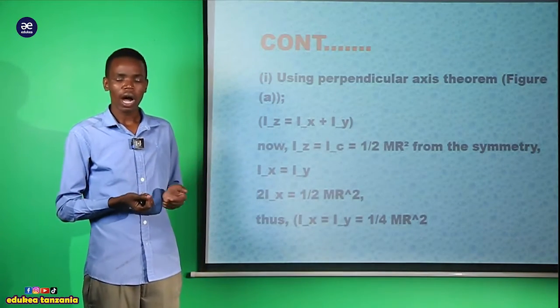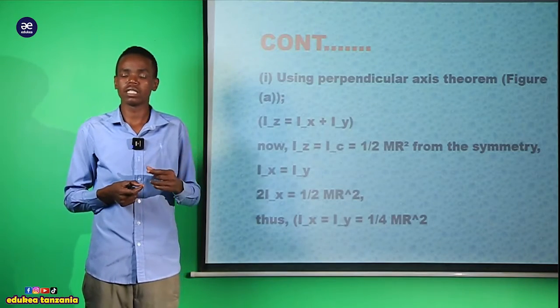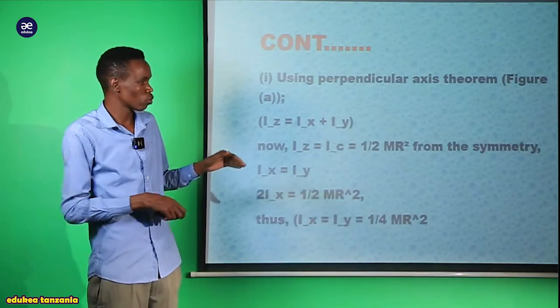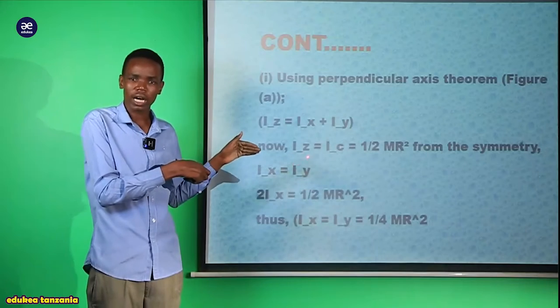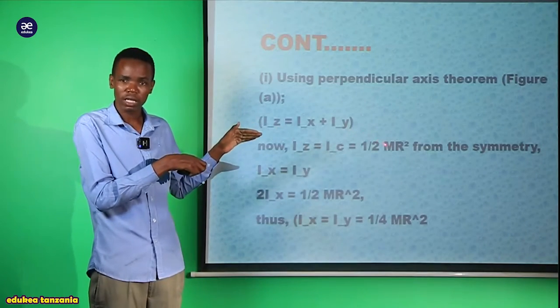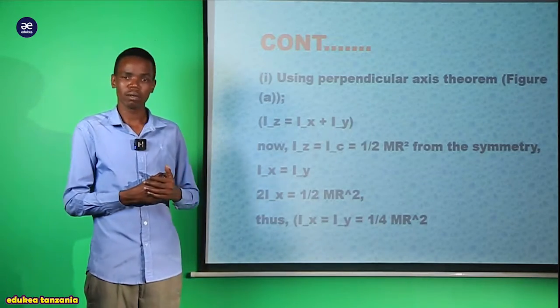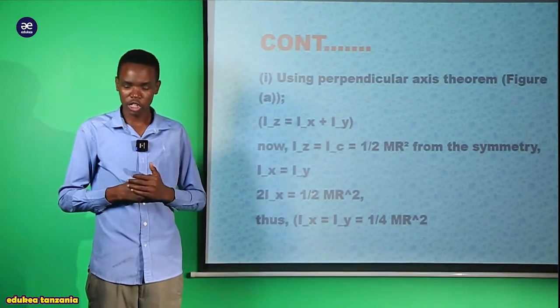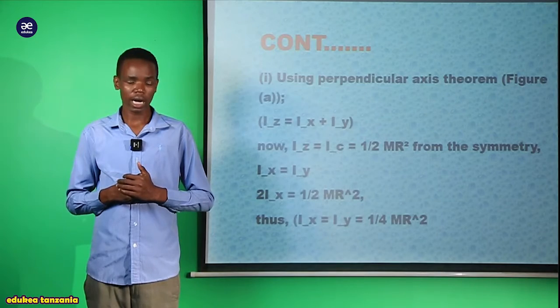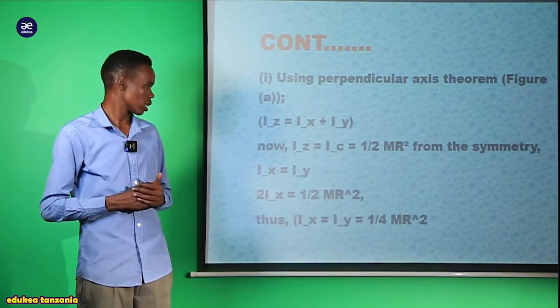This is what our perpendicular axis theorem says. When we have the moment of inertia through the center along z, it must be equal to the moment of inertia along the x-axis plus the moment of inertia along the y-axis. This is what our law says.